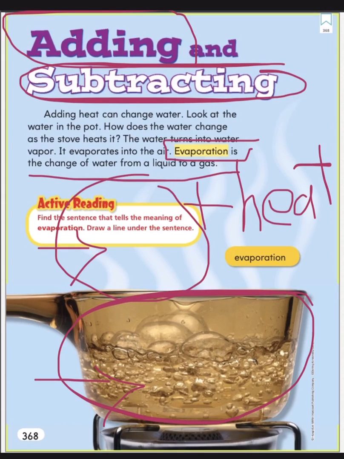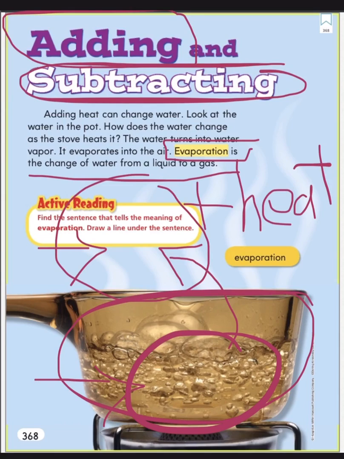Here we have liquid, which is the water, and when we added the heat, we made it become gas. So all of you repeat: the change from liquid to gas is called evaporation. How did this change happen? When we added heat. So when we add heat, the liquid will become gas.